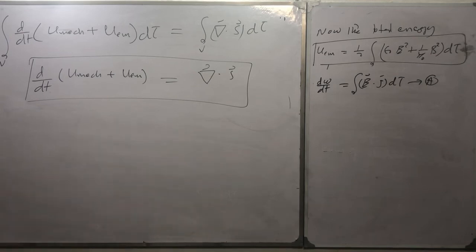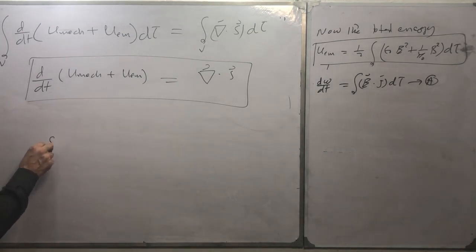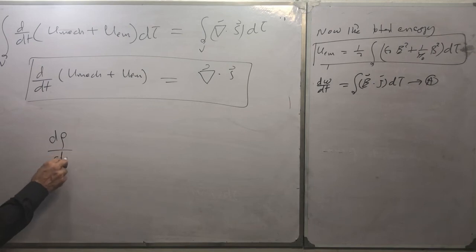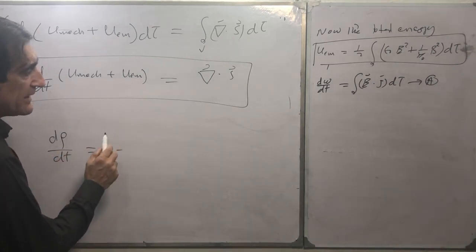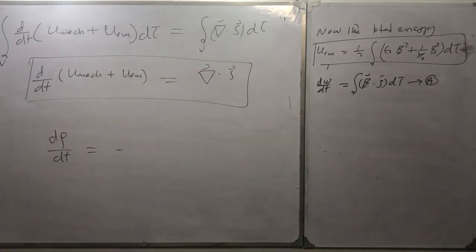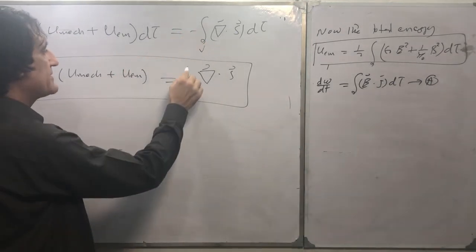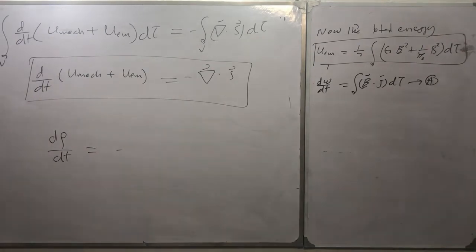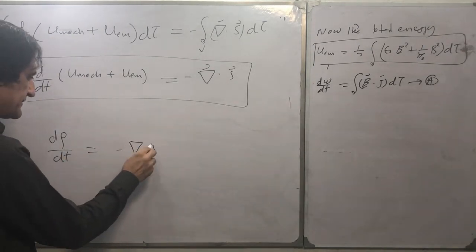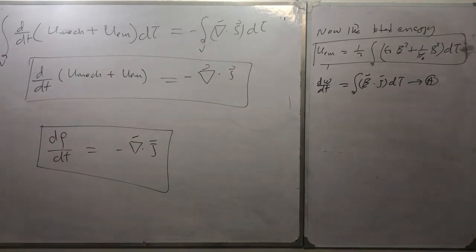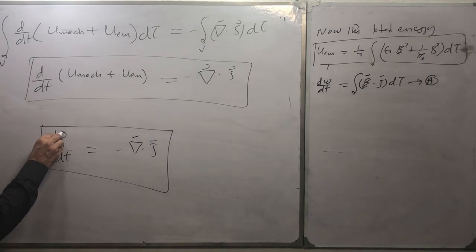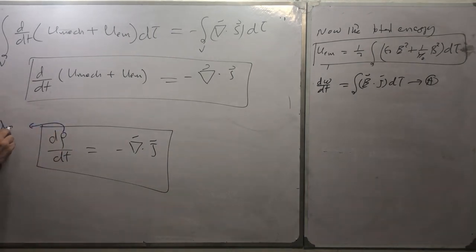If I compare this with the continuity equation for the charges, d rho divided by dt equals minus divergence of J, here rho is the charge density.